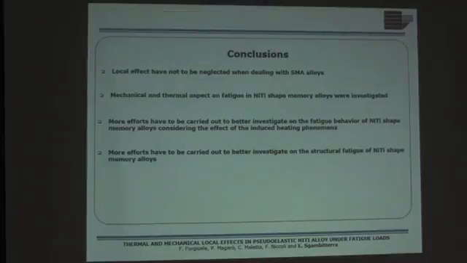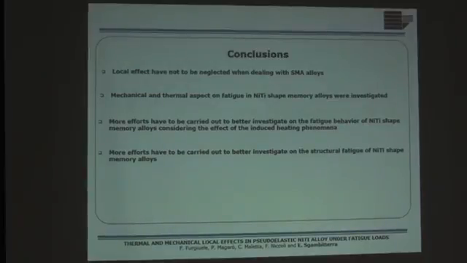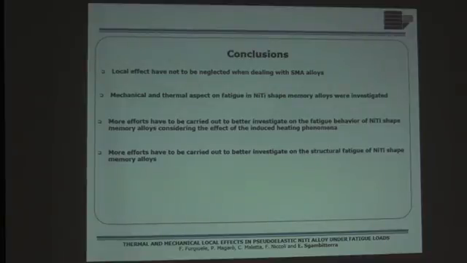Just in conclusion, typically when you work with this kind of material, we have to think in another way. It's really important to perform local investigation, and it's also important to consider the thermal effect, because nickel-titanium and smart materials are very, very temperature sensitive.